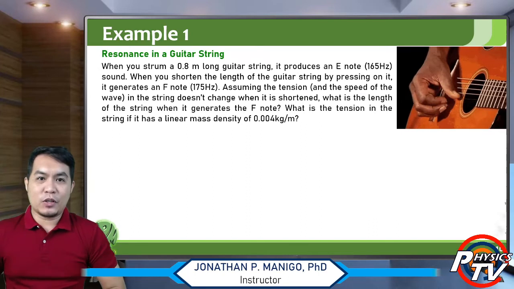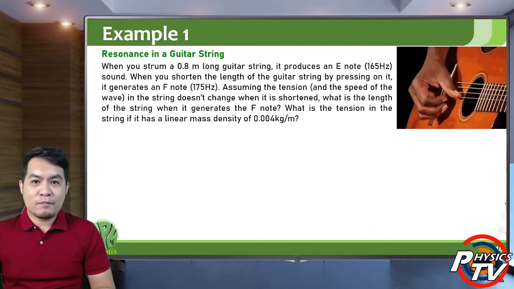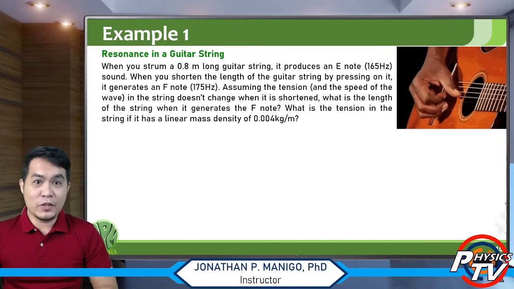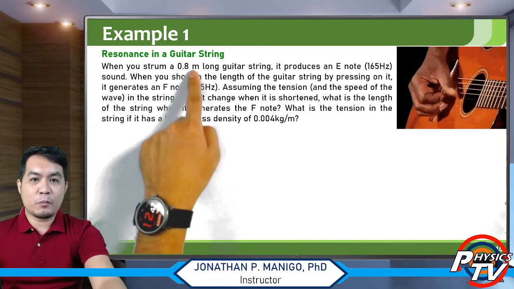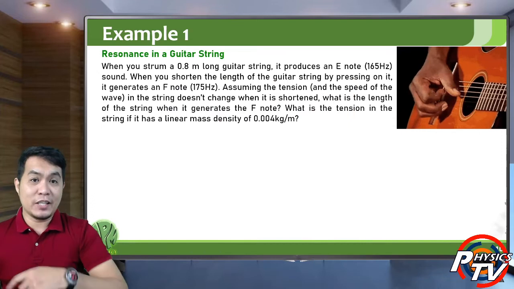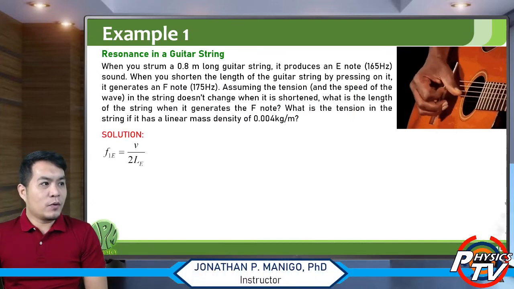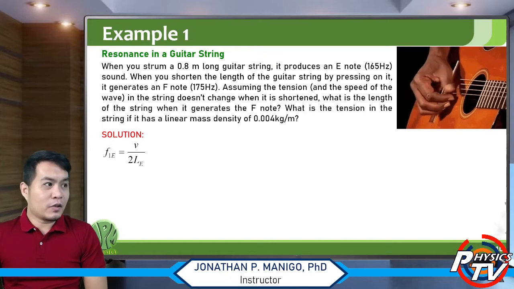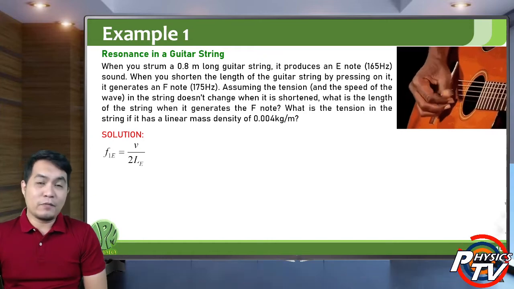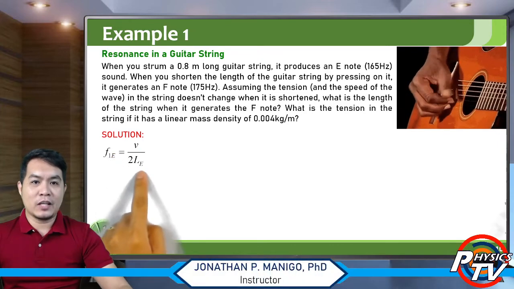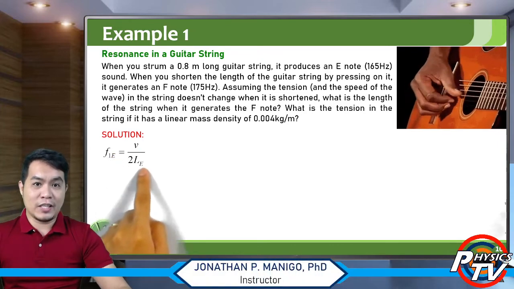So we are asked, what is the length of the string when it generates the F note. We know that the length of the string is 0.8 meter when it generates the E note. So how do we solve that? This is the equation for the fundamental frequency for the E note. It's f_E = v over 2L_E, the frequency of the E note, and the length of the string when it produces an E note.